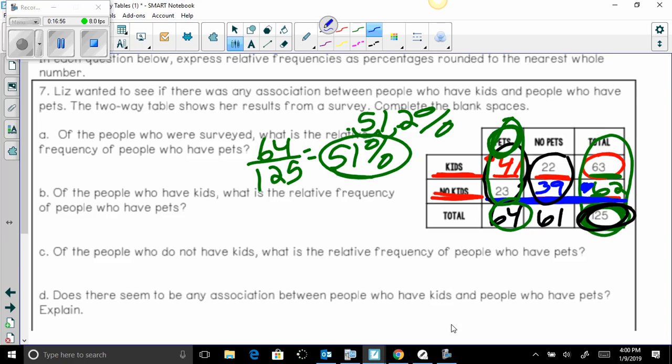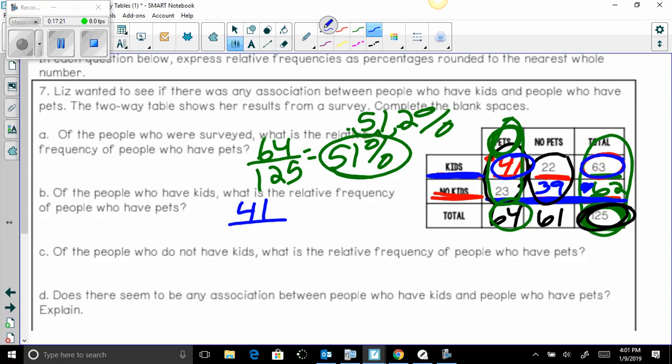Of the people who have kids, what is the relative frequency of people who have pets? So of the people who have kids, here's the kids column. How many people have kids and have pets? There's 41 of them. Out of the total people who had kids, I only want the people who have kids.